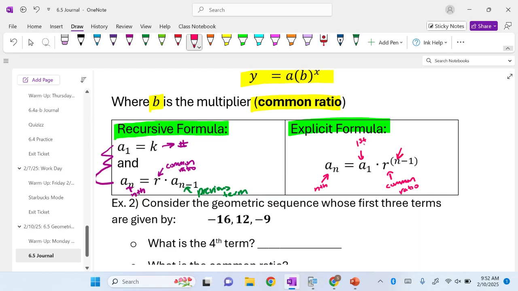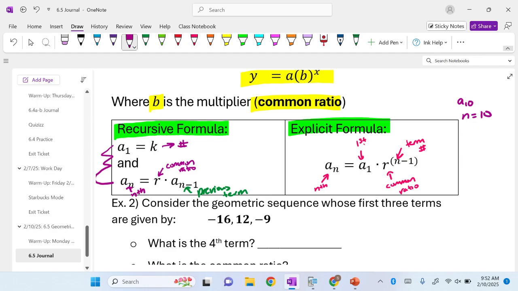And remember, n is just the term number. So for example, if I asked you to find a of 10, that means we're finding the 10th term, so n's equal to 10. If I asked you to find the 31st term, n would be equal to 31. All right, that's what I mean by n.